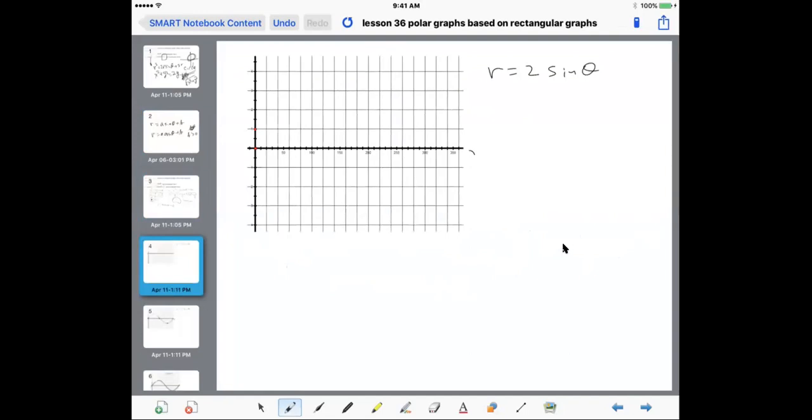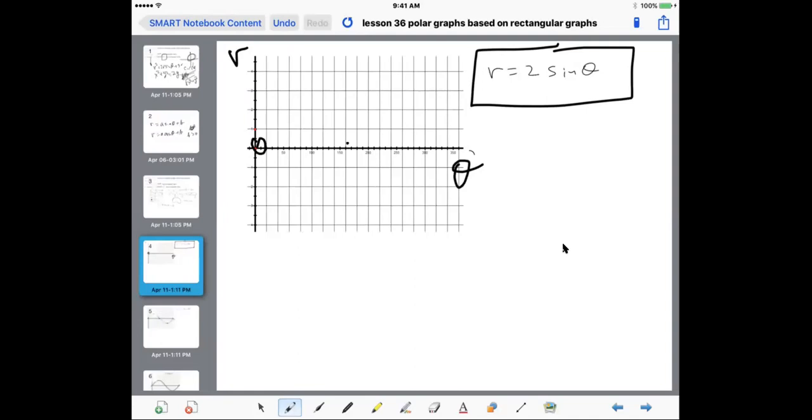Now, the first warm-up question was r equals 2 sine theta, and I want to show you a little strategy that we never used before because it wasn't necessary for understanding all the curves we've seen so far. It is to graph the polar equation on a rectangular grid, but instead of x and y, you have r and theta. And if you do that, it's going to be a sine curve. Here's 0.